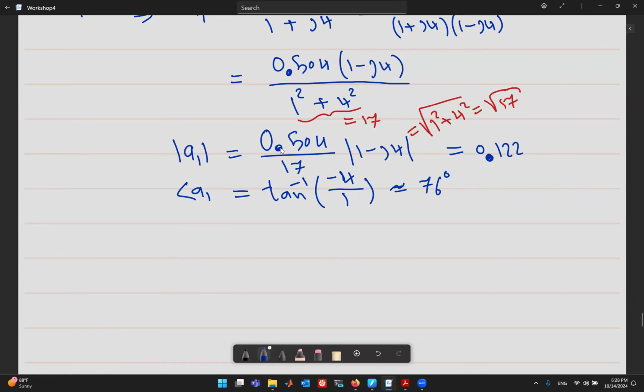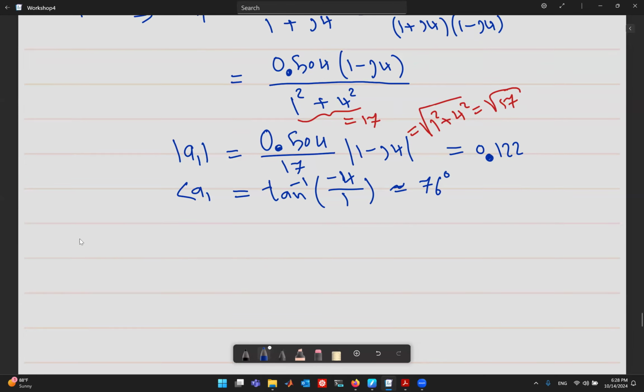It will not affect the phase. The ratio between the real and the imaginary will affect the phase only. But if both of them are scaled by the same number, this number will cancel from here. So the phase of this is 76 degrees.